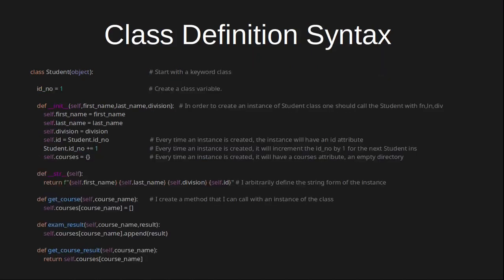Let's make another example. Define a class called Student. This class has a class variable called id number, and I assign initially 1 to id number. Then I will create the init method with 4 arguments: self, the instance, first name, last name, and division.